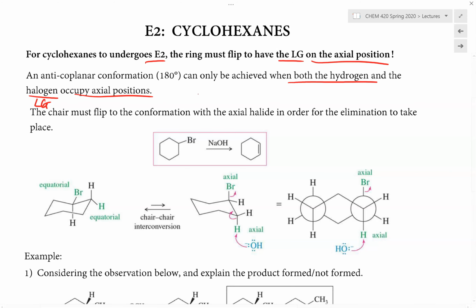That means not all conformations of the cyclohexane are suitable to undergo the E2 reaction; the ring must flip to put the hydrogen and the leaving group in the axial position first, in order to undergo elimination.